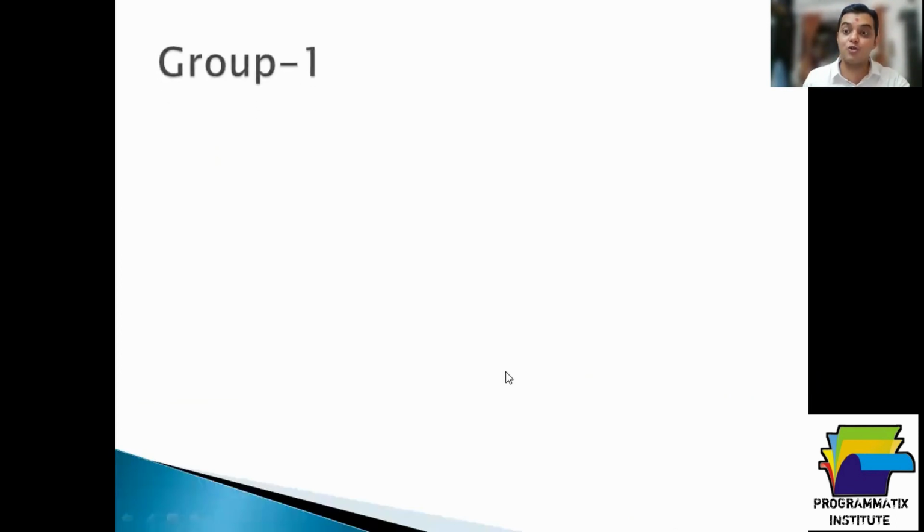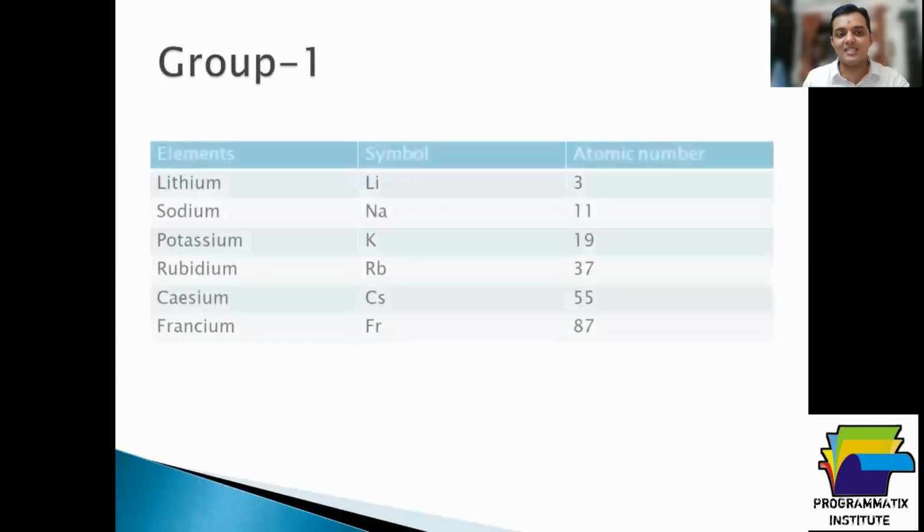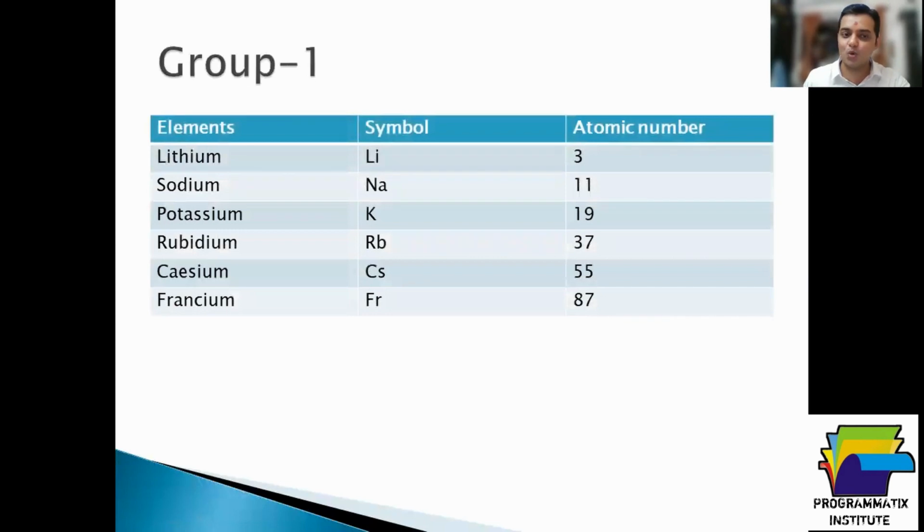For S block, group 1, you all know the elements are lithium, sodium, potassium, rubidium, cesium, and francium. If you want to learn the element symbols, your mnemonic should be correct, and it should make you remember the symbol as it is given.